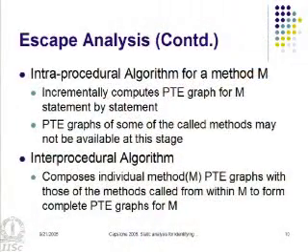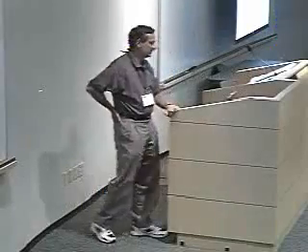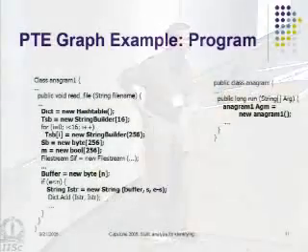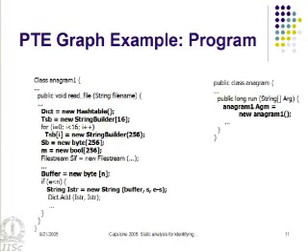Inside nodes are created within the currently analyzed region, whereas outside nodes are outside the currently analyzed region. Similarly, the inside edges and outside edges can also be classified. So we create the graph. The intra-procedural algorithm incrementally computes the PTE graph statement by statement. And obviously, for some procedures whose graphs haven't been created, there would be holes. These holes are filled by the inter-procedural algorithm, which puts these graphs together one by one.